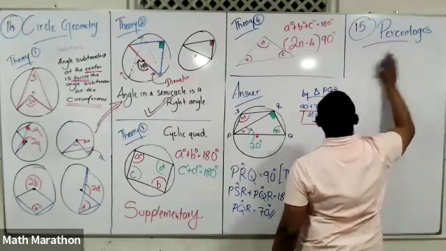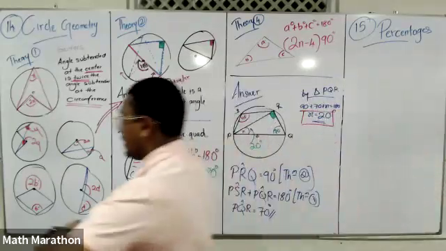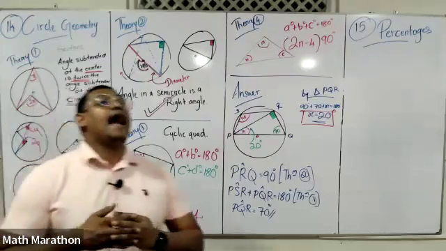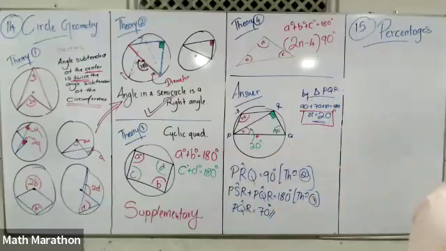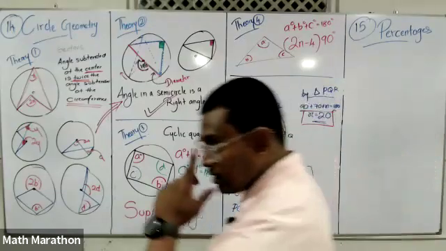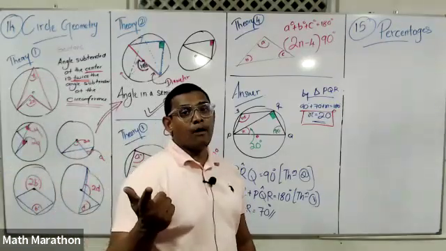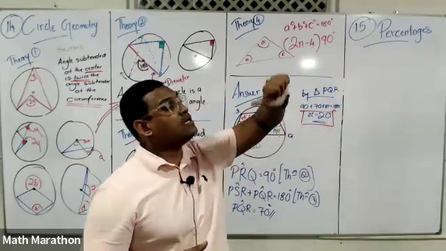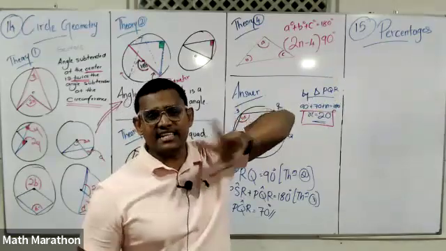The second most marks are given by percentages. First is measurements: area, perimeter, volume. Second is percentages and data representation. Both of them will give you almost 12 marks out of 100. 17 from measurements, 12 from percentages, 12 from data representation. 17, 12, 12. 41 marks out of only 3 sections.